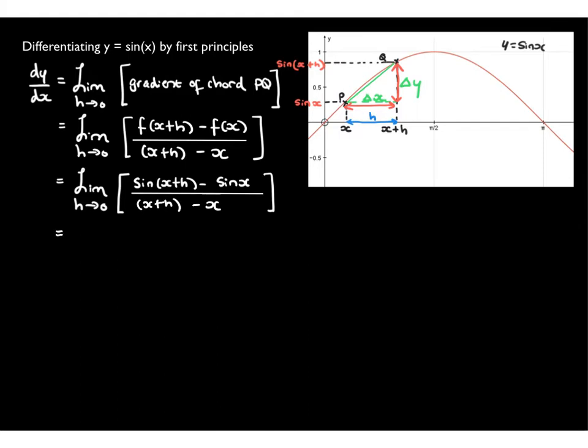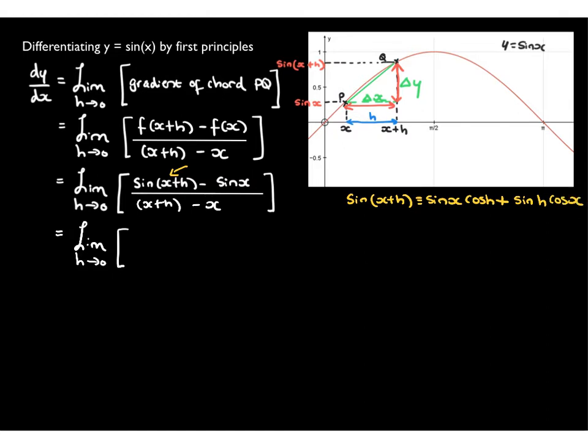Now, what can we do to simplify this? Well, we can use an identity to expand this. We know that sine of x plus h will be equivalent to sine x cos h plus sine h cos x.